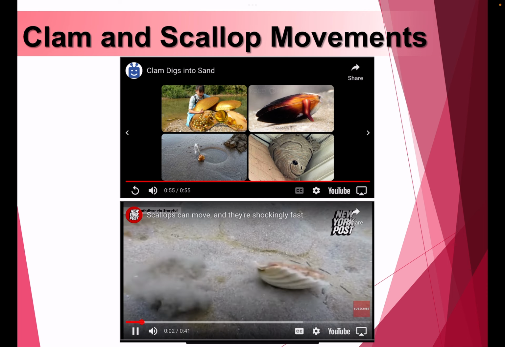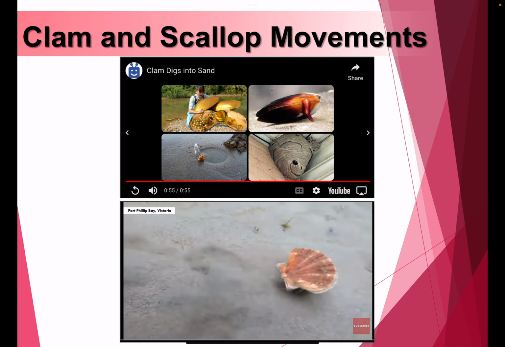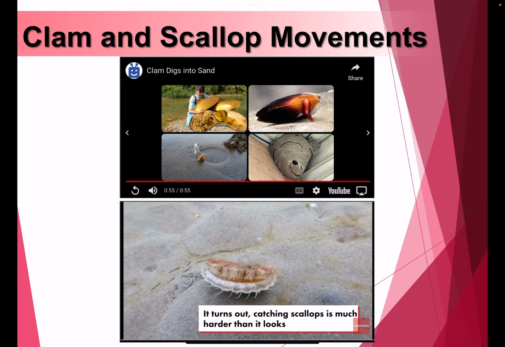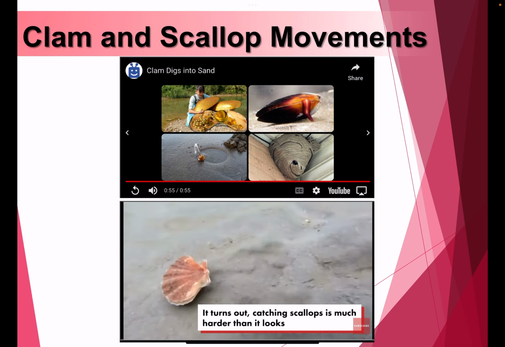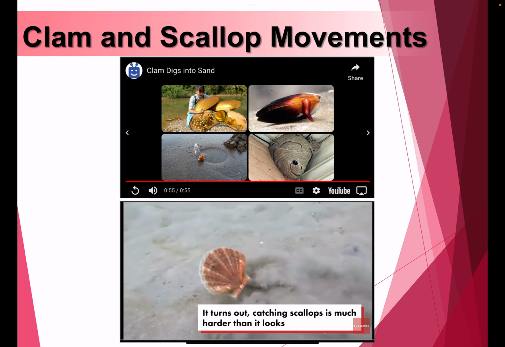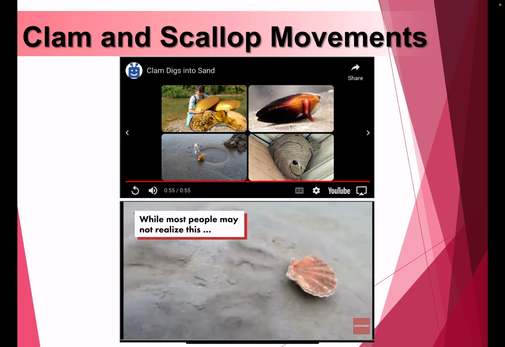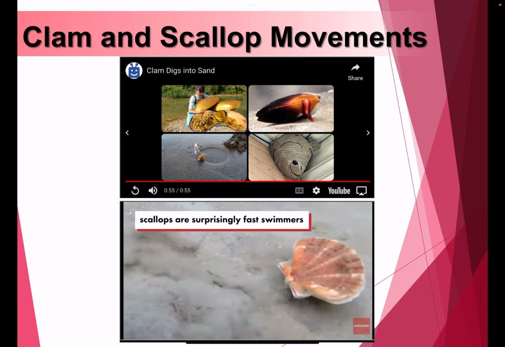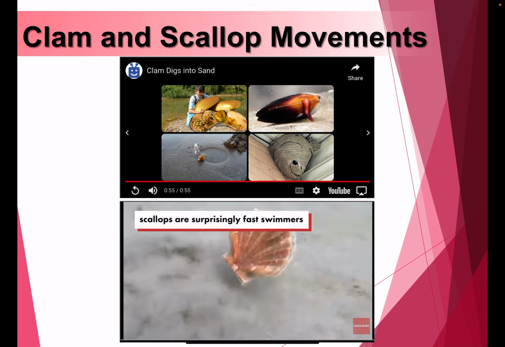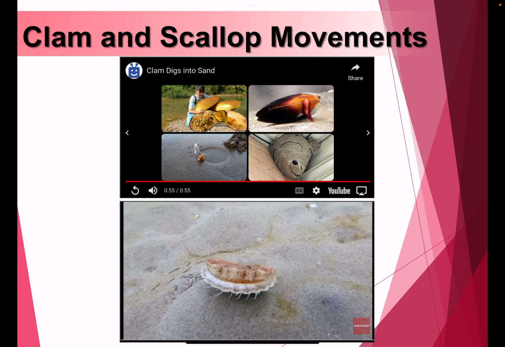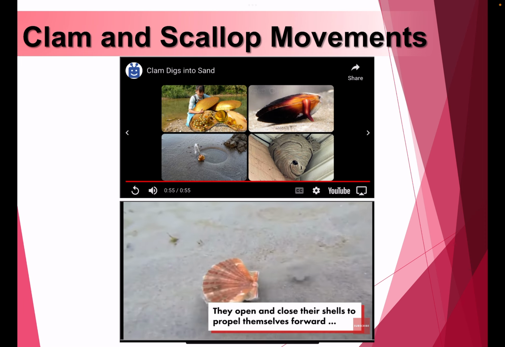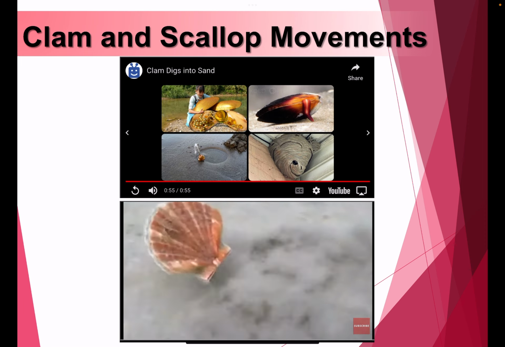Get ready? Move! They kind of skitter around like that. I thought it was kind of cool. Very fast swimmers, but they're trying to run away from you.